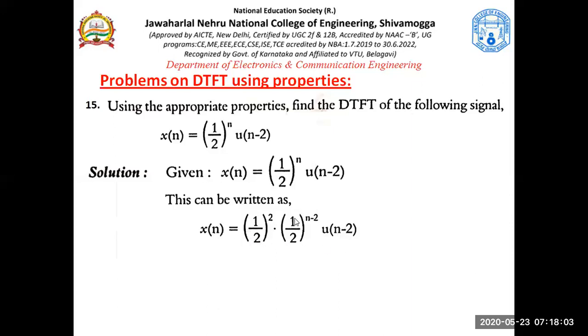Now we need to take care of this. And we all know when we are asked to find the DTFT using the properties, we have to identify the basic signal. Which is the basic signal? This is a shifted signal. So without shift, which is the signal? It is half power n u[n]. Do we know the equation for that?